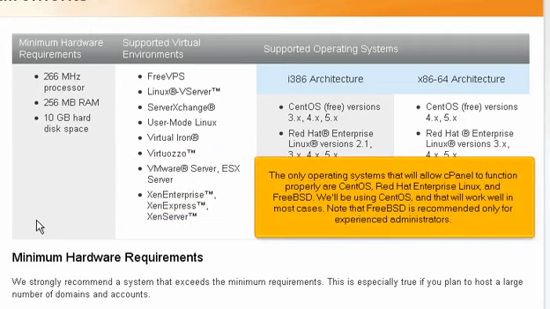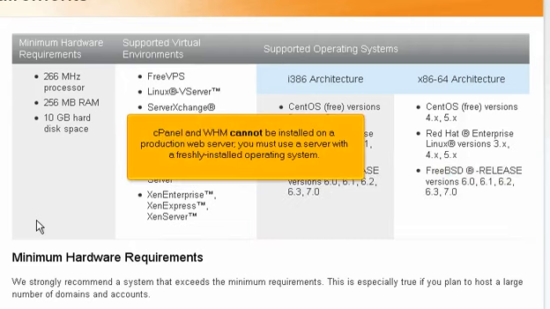The only operating systems that will allow cPanel to function properly are CentOS, Red Hat Enterprise Linux, and FreeBSD. We'll be using CentOS, and that will work well in most cases. Note that FreeBSD is recommended only for experienced administrators.